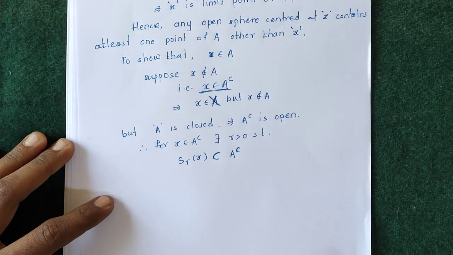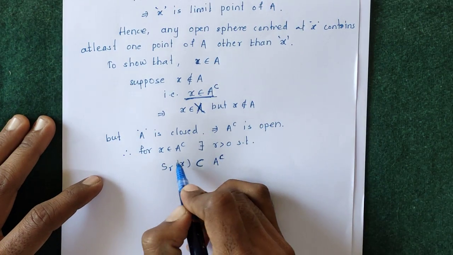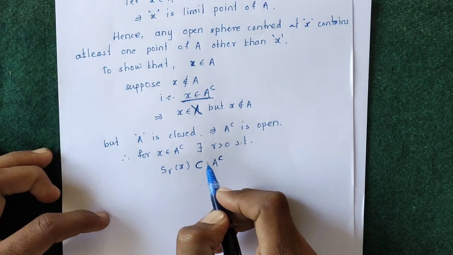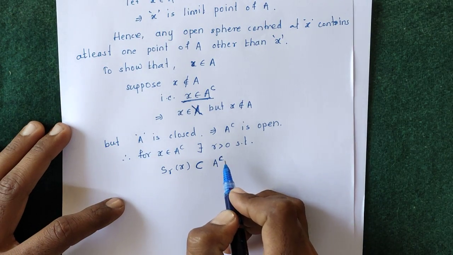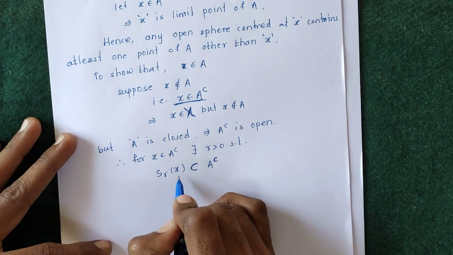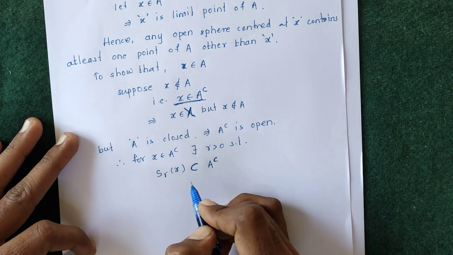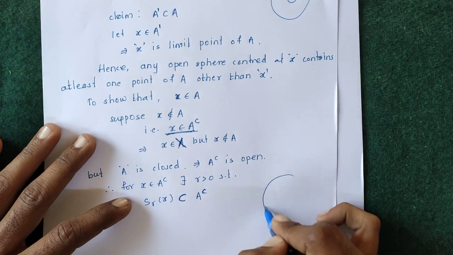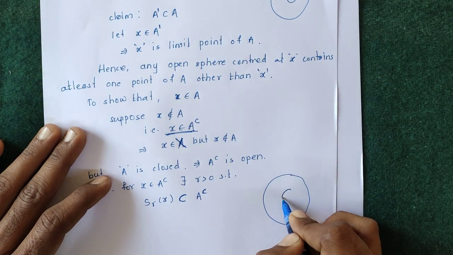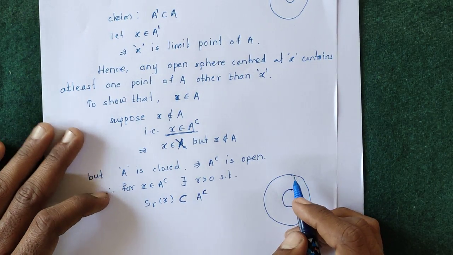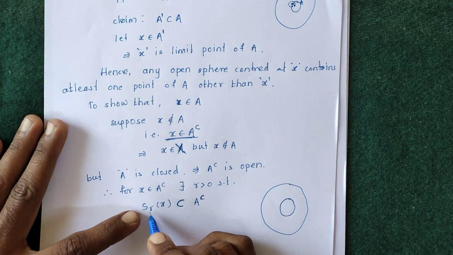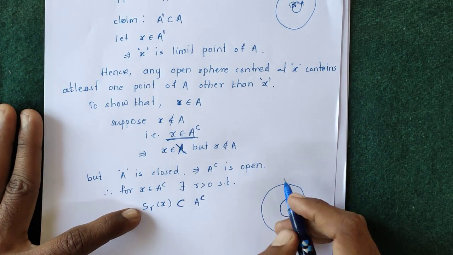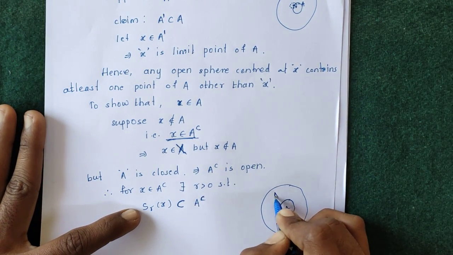Is this possible? If this open sphere lies totally inside A complement, suppose this is the metric space X, d, and suppose this is our set A. Then the A complement set is this.